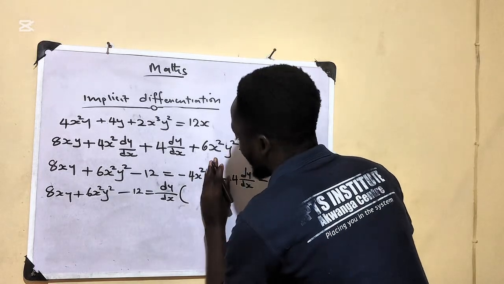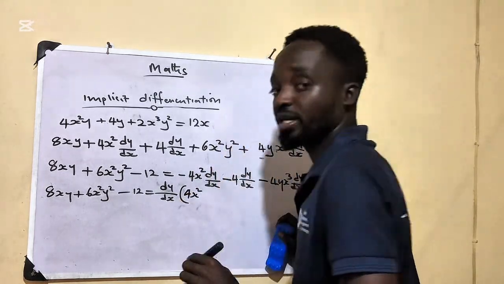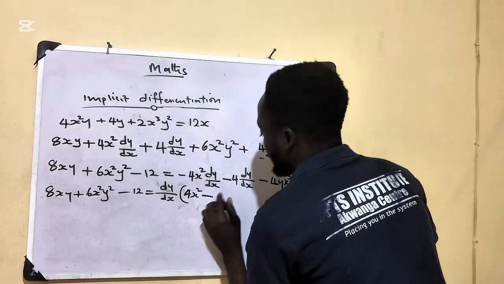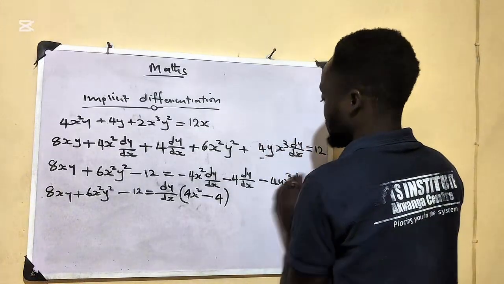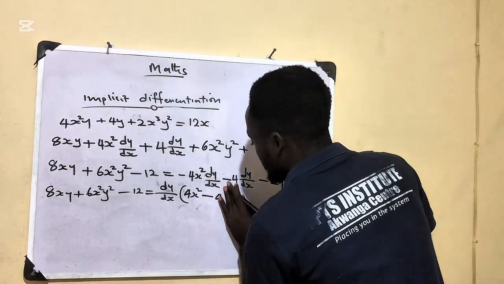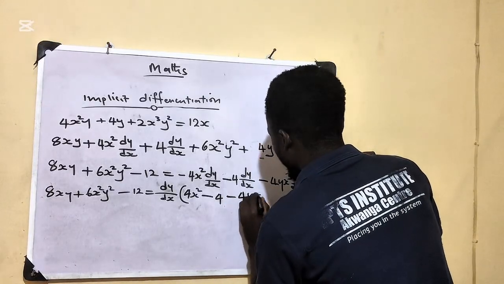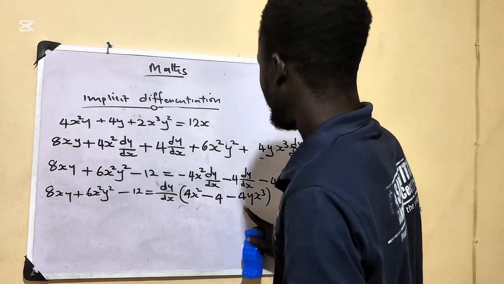So what will be left here, if I remove dy dx, is just 4x squared, okay, minus, if I remove dy dx, what will be left here is just 4, and then if I also remove dy dx here, what will be left is minus 4yx to the power of 3, and that's what is going to be left here.